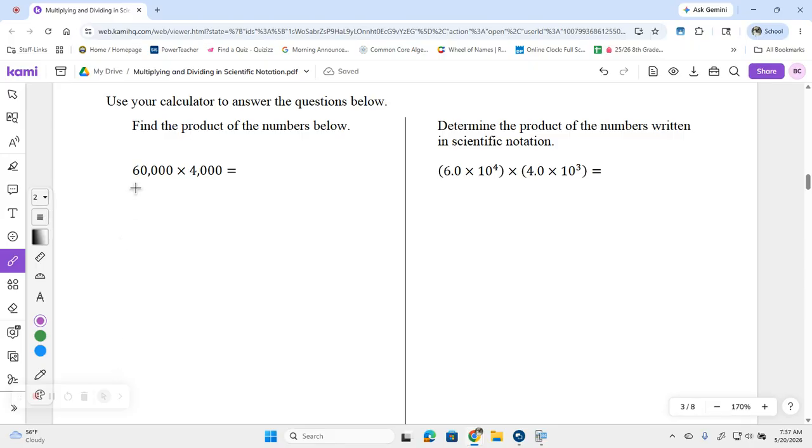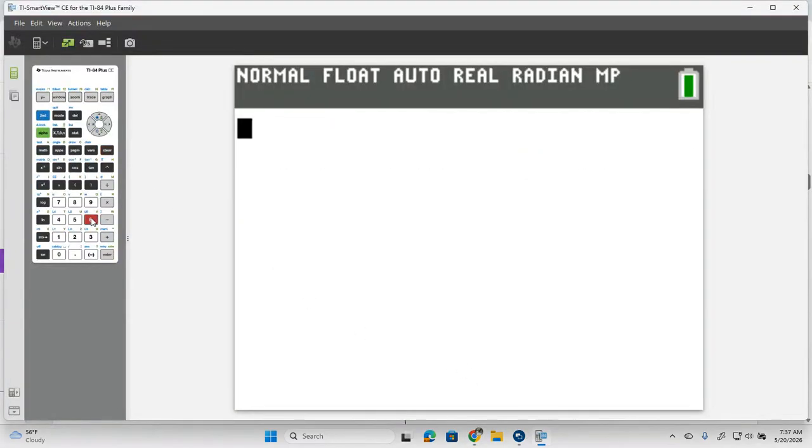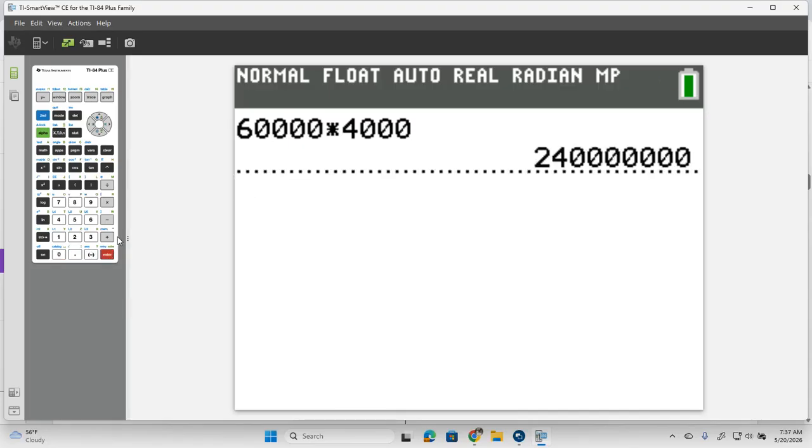All right, so again, let's start with some standard form numbers. 60,000 times 4,000. All right, we got 24 with 7 zeros.